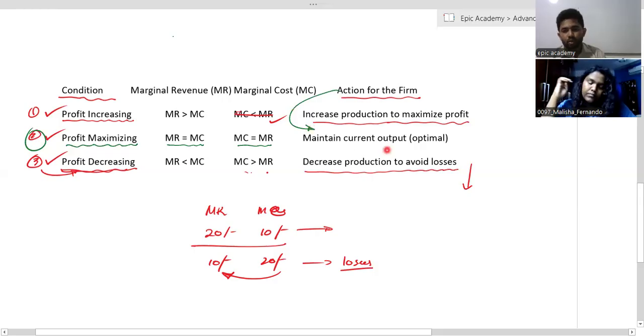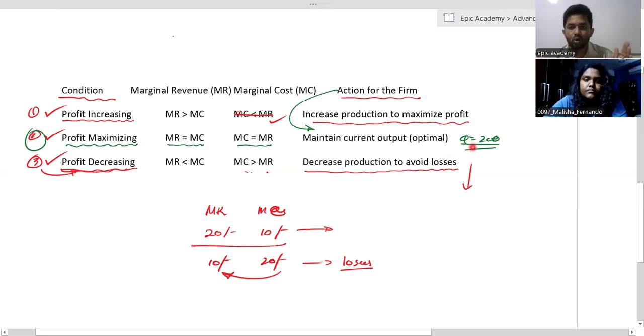Maintain the current output. Don't try to increase the production, and don't try to reduce it. Just maintain it. For example, if you are producing 200 commodities, continue with 200 again. You can maximize the profit. This is the optimum decision that firms can take.